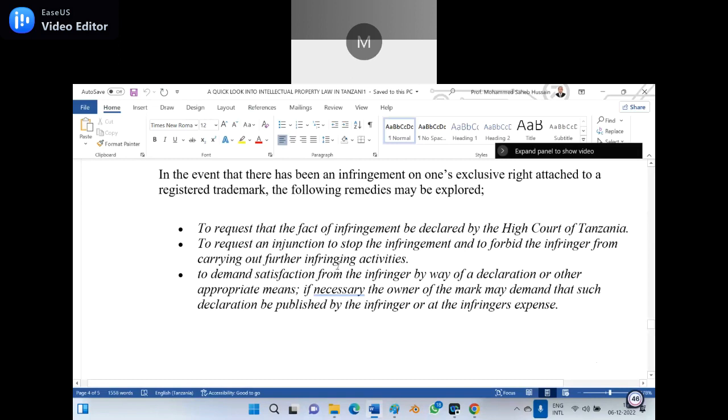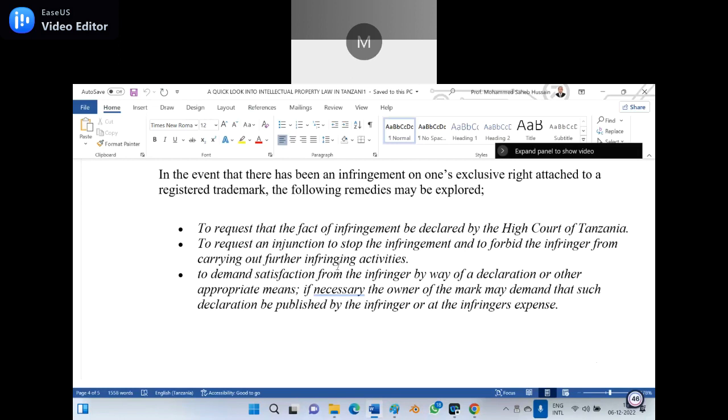Now, the next bullet is to request an injunction to stop the infringement and to forbid the infringer from carrying out further infringing activity. So, they can also tap the door of the court to issue an injunction so that there would not be any irreparable loss to the plaintiff.